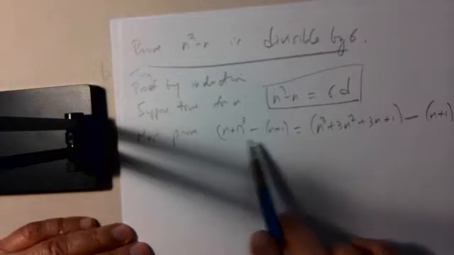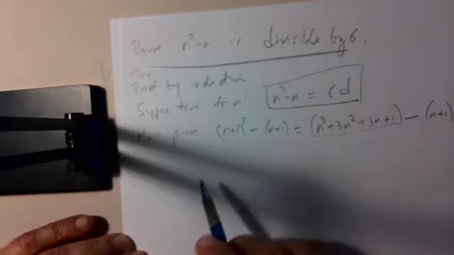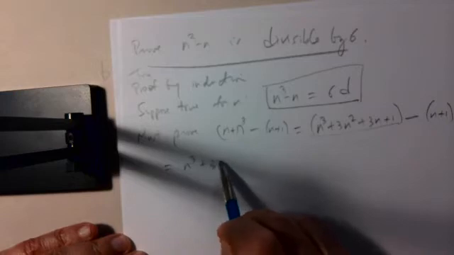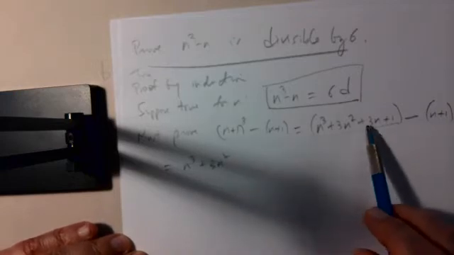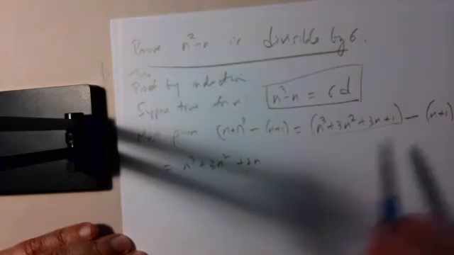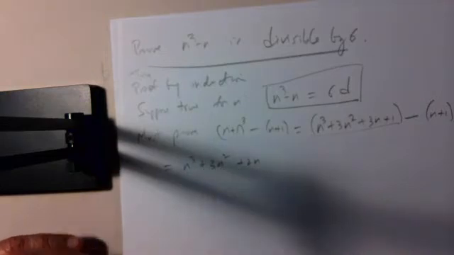So let's expand this. n plus 1 cubed is this, right? It's just a matter of multiplying it out, but it's a basic fact. And so this is n cubed plus 3n squared plus 3n minus n is 2n, and 1 minus 1 is 0. So this is equal to n cubed plus 3n squared plus 2n. And we have to show that's divisible by 6.